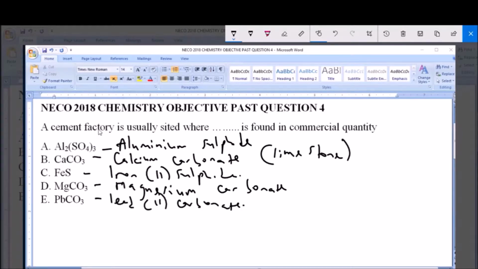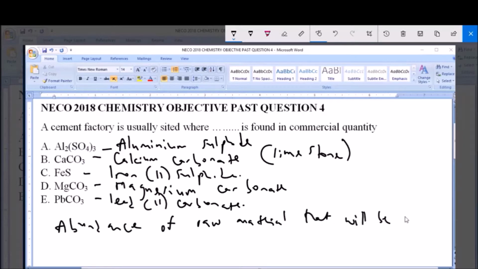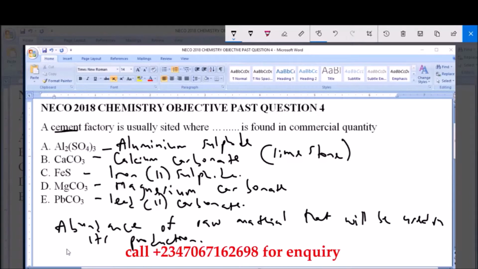So I asked where a cement factory is usually cited. It is cited where there is abundance of the raw material that will be used in its production. And the raw material used in cement production is limestone.